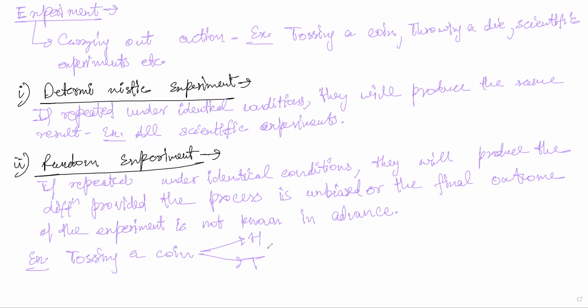So in case of random experiment, you know all the possible outcomes, but you don't know the exact final outcome before the experiment happens. After the experiment happens, तब तो पता चल ही जाएगा क्या फाइनल आउटकम है, बट पहले से नहीं पता होगा कुछ भी. अनसर्टेनिटी रहेगी, रैंडमनेस रहेगी. It can either be head or it can be tail.